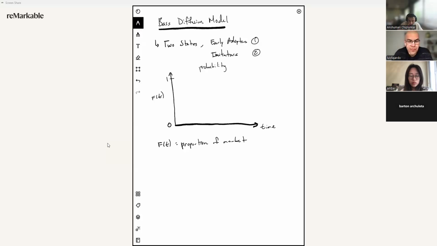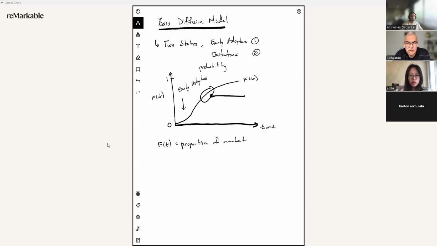So if you have a curve that kind of looks like this, at the very beginning, we have a proportion of the early adopters, right? So these people right here are going to be mostly your early adopters. But as you move on to here, what are these going to be?